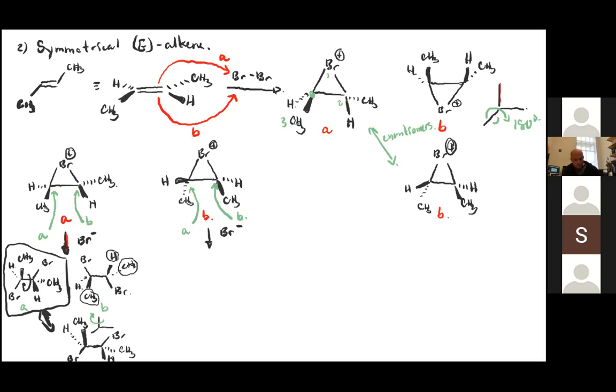And so what about bromonium ion B? So let's just make a little room here. Ring opening through pathway green A will give me this. And then ring opening through pathway B will give me this. Okay.